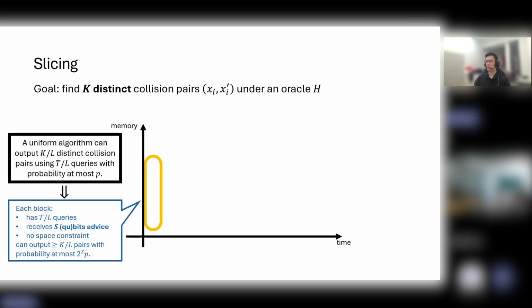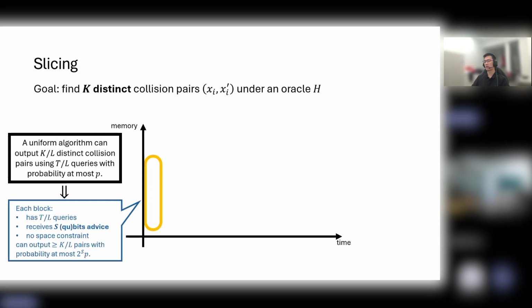This algorithm uses T divided by L queries, and it receives an S-bit advice, or S-qubit advice. So what is this advice? This advice is like the working memory carried on from its previous part. For example, the i-th slice receives the working memory passed on from its previous slice. And we assume that there are no space constraints inside each slice. So this is a relaxation of the problem, so it actually gives a stronger bound.